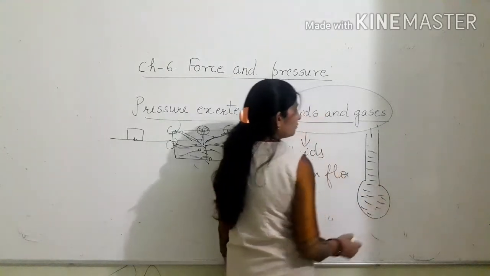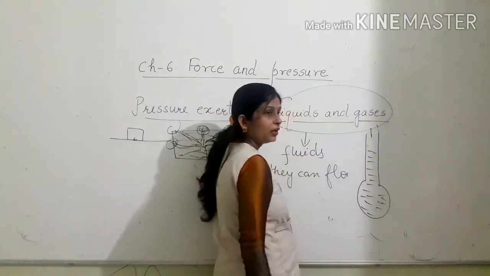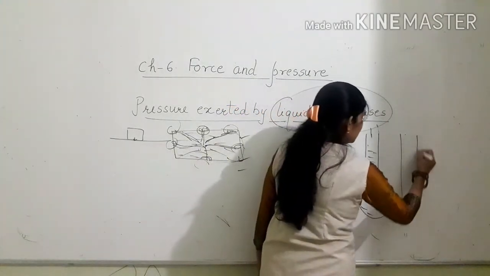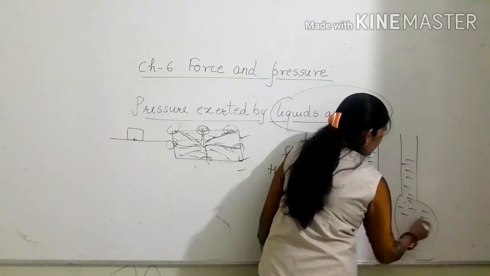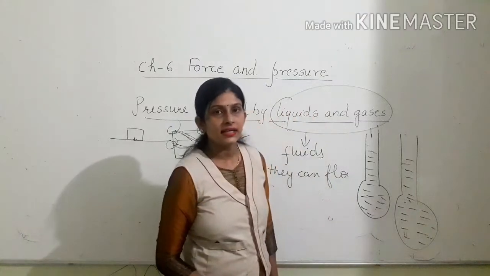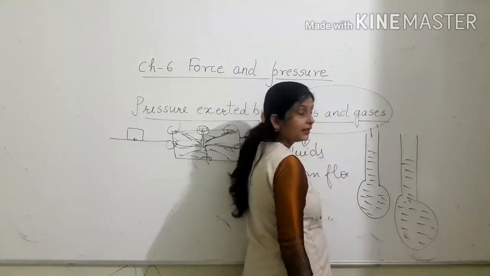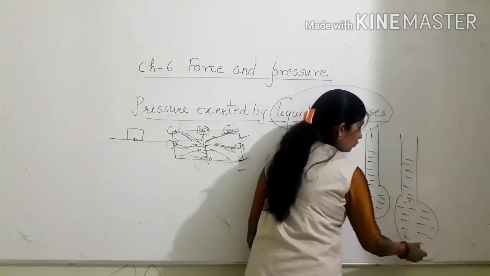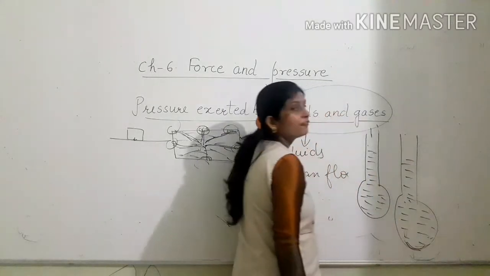Now what will you observe? We will observe that as we pour water in it, the level of water increases. Then this deflated balloon will increase in size. It will elongate. Why? Because as we increase the water in it, that water, being a liquid, applies force on the unit area of its surface.